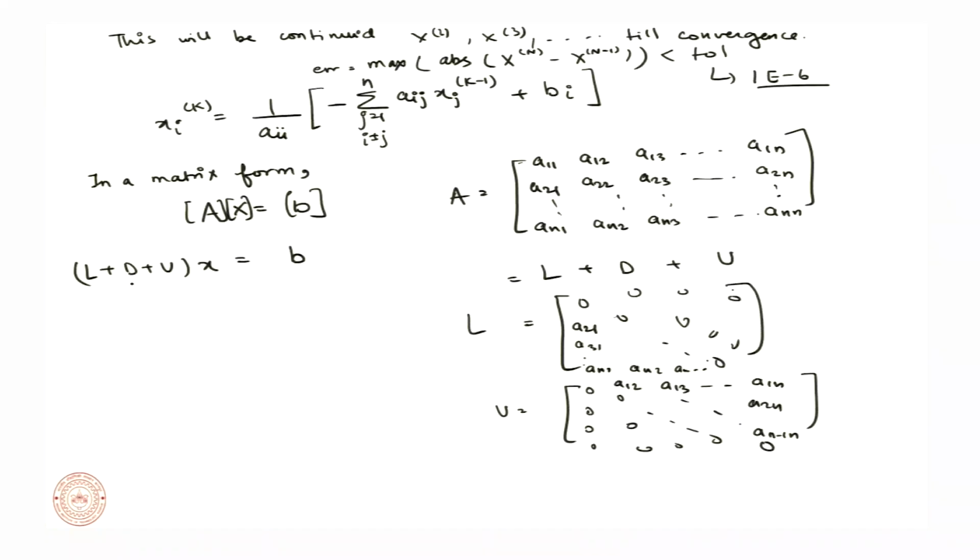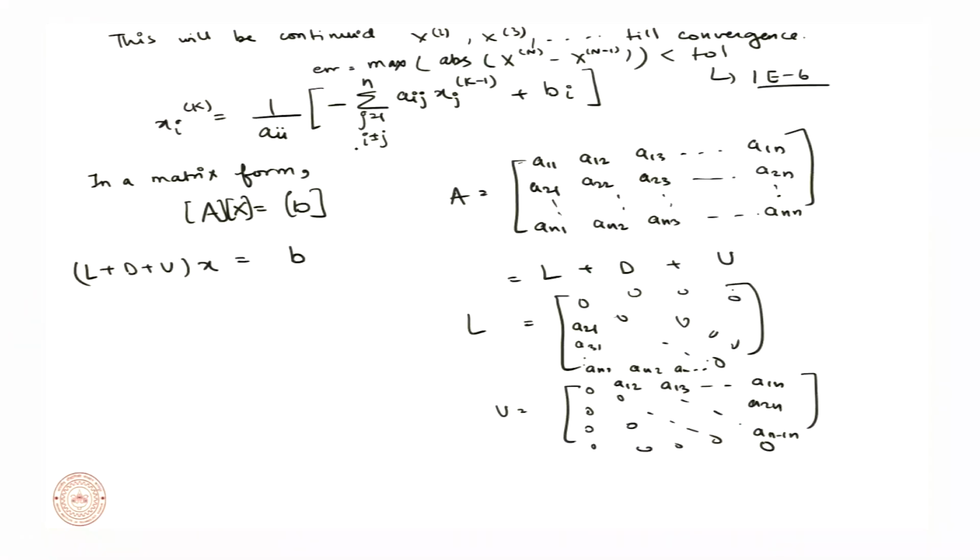Now the diagonal term is the only term which contains the x of i, and that is the only thing that we are interested in for the kth iteration. For the k minus 1th iteration, and all the other terms, that is j not equals to i, right. So we have written all j not equals to i.